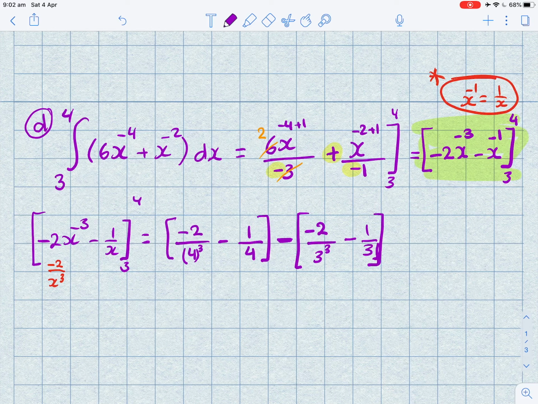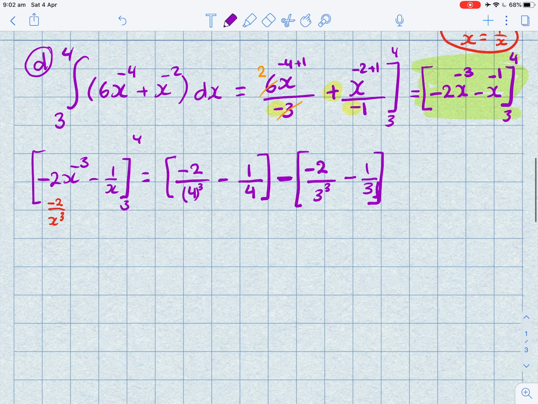And this means it's minus 2 over 64 minus 1 over 4. Well, you can find this in your calculator anyway. Minus 2 over 27 minus 1/3.